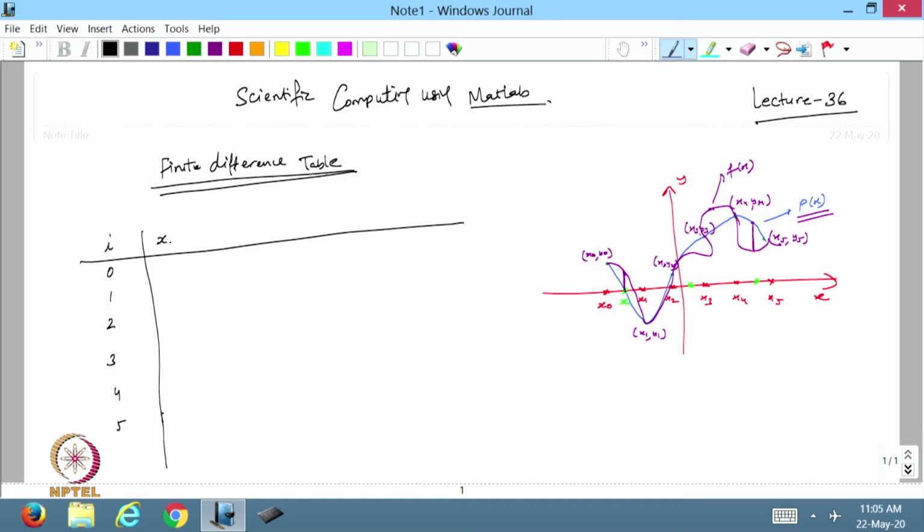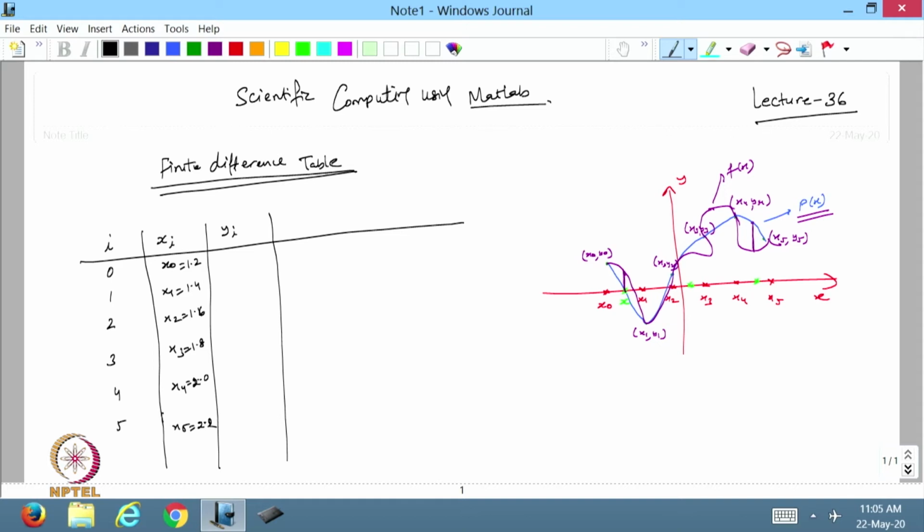Now, I have the x coordinates given to me. So, this is x0, x1, x2, x3, x4, x5, and these are the values of y given at x0. For the time being I take x0 equal to 1.2, 1.4, maybe 1.6, 1.8, and this I can take 2.2.